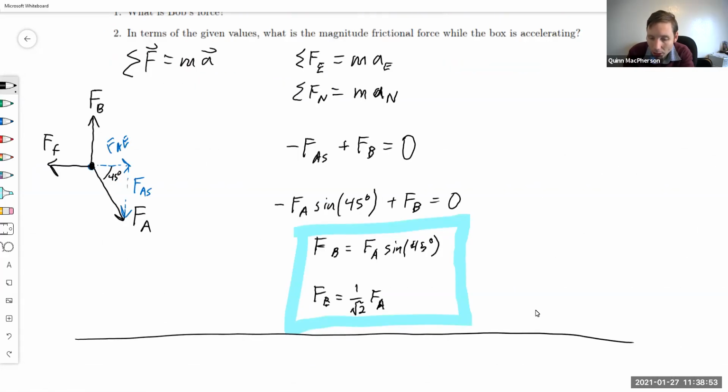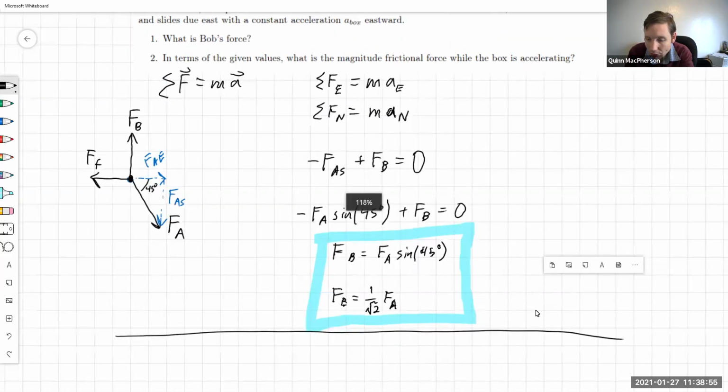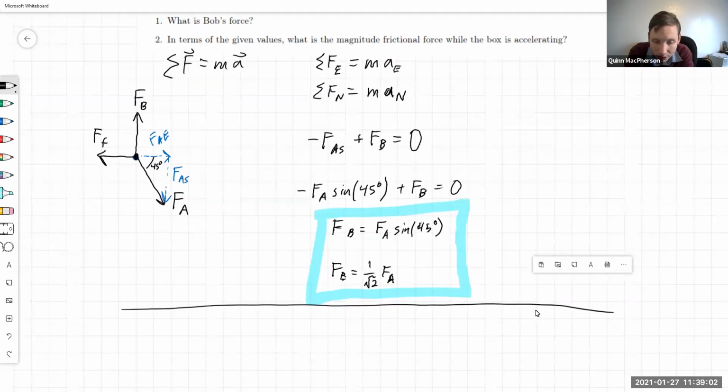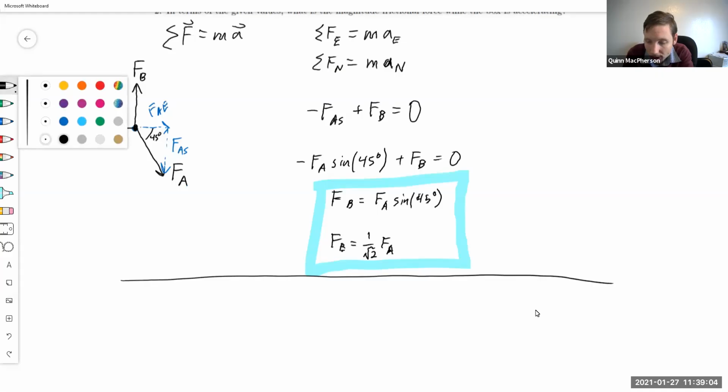For the second part of the problem, in terms of the given values, what is the frictional force while the box is accelerating? Now I'm going to use the other equation, the east equation. The sum of forces in the east direction equals ma in the east direction.